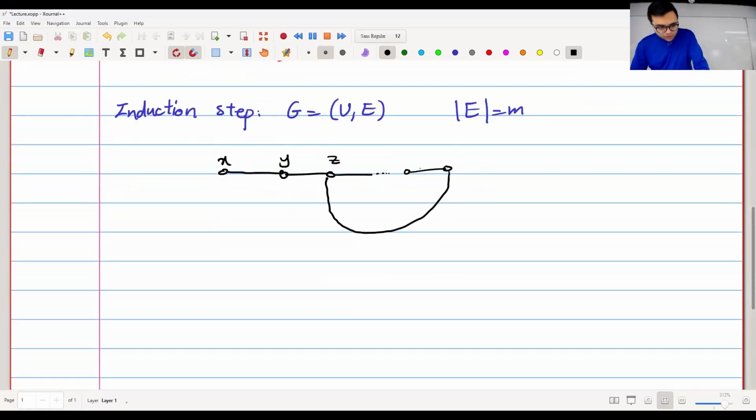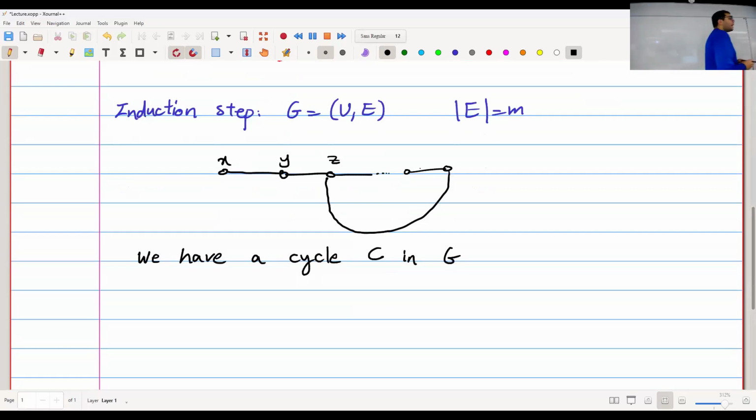So let's call this one C. We have a cycle C in our graph G. And at this point, I'm thinking of this cycle as just a collection of edges. It's a set of edges that forms the cycle. Now, what happens if I just remove all of these edges from my graph G?